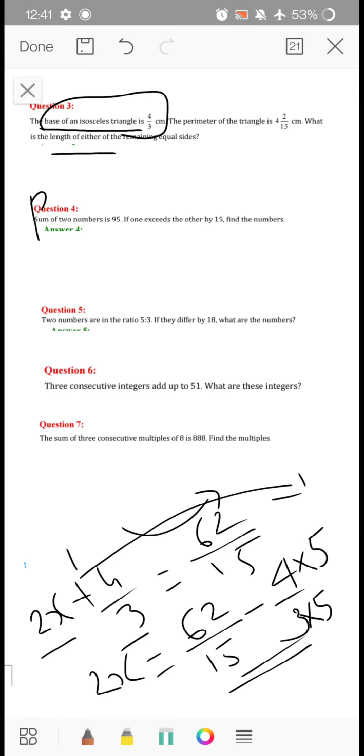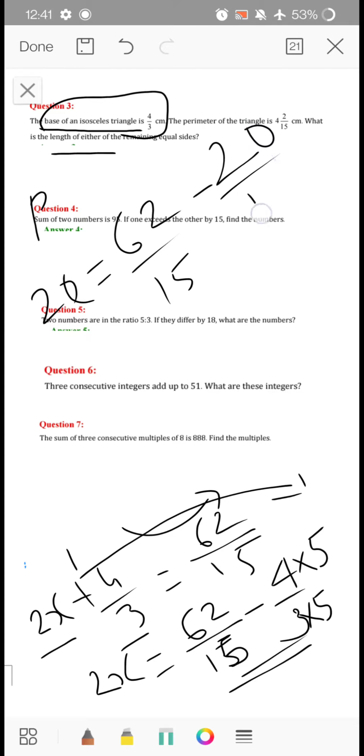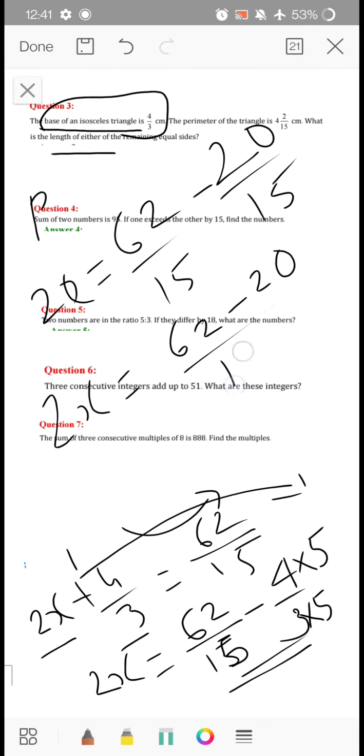To get 15 you will multiply it by 5, and this is already 15, so we will not multiply by any number. So 2x is equals to 62 upon 15 minus 20 upon 15. Solve it. 62 minus 20 upon 15. So you will get 42 upon 15.